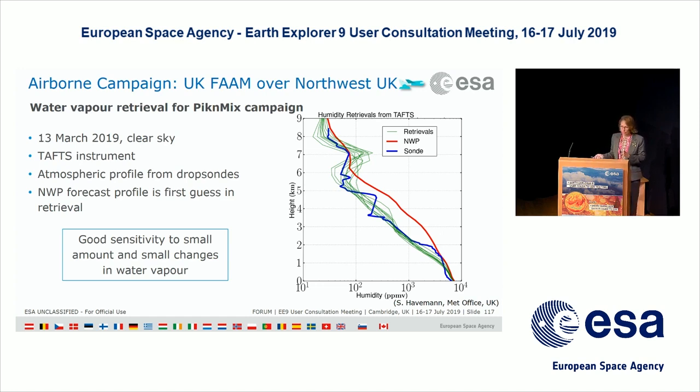The blue line is the dropsonde, so it's the water vapor profile from the dropsonde. You can see that the retrieval is really distinctly different from the first guess. So we definitely have information content with respect to water vapor, and also quite low water vapor. And also, you can see these little features here showing up in the retrievals.